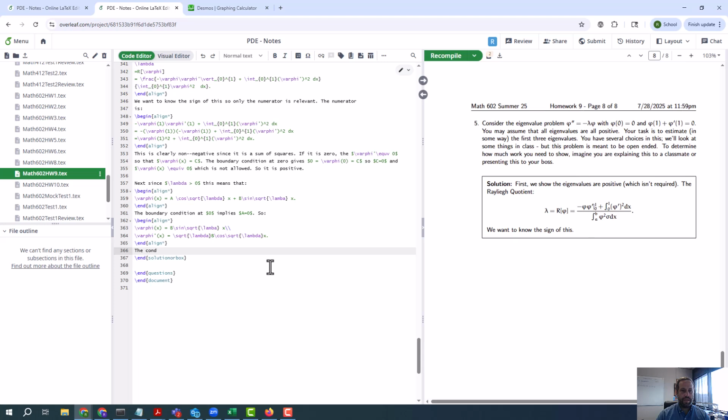The condition at 1 says that 0 is equal to phi of 1 plus phi of x, so it's going to be b. Well, I divide both sides by b because b can't be equal to 0, so it's going to be this sine of square root lambda plus this.